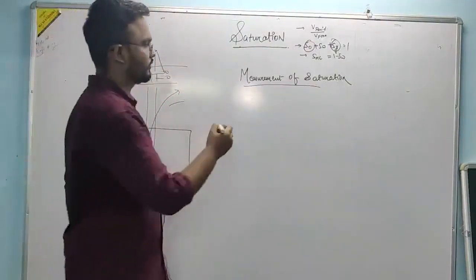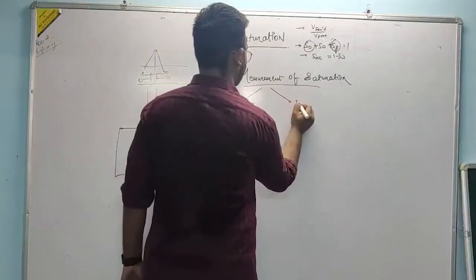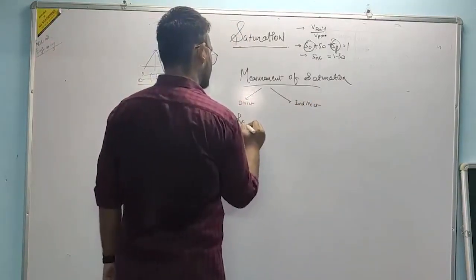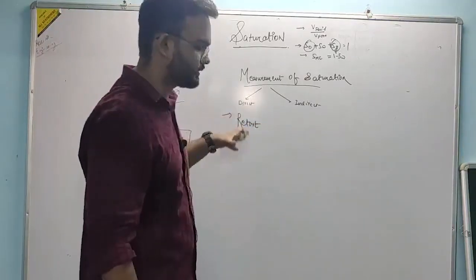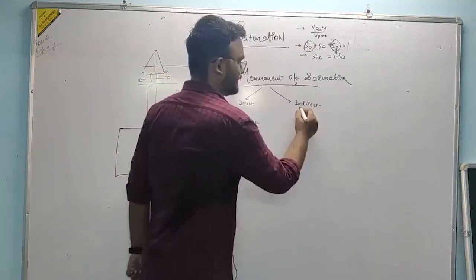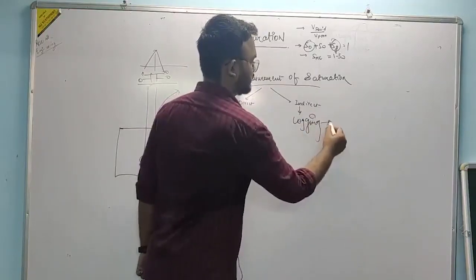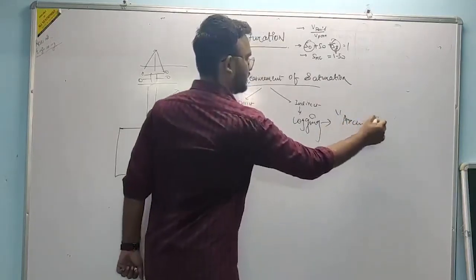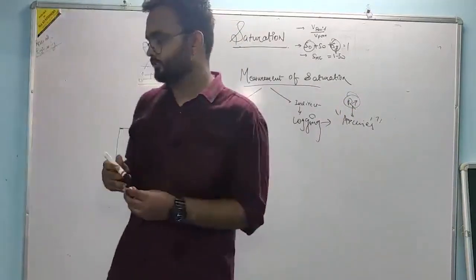In the direct methods, there is a popular method called the retort method. In this, you have a rock sample and you heat it. You try to eject all the fluids out of it, and then you get the saturation, right? And in indirect methods, you use the logging techniques, in which the popular Archie's equation is used in the resistivity law. So this is how you measure saturation.